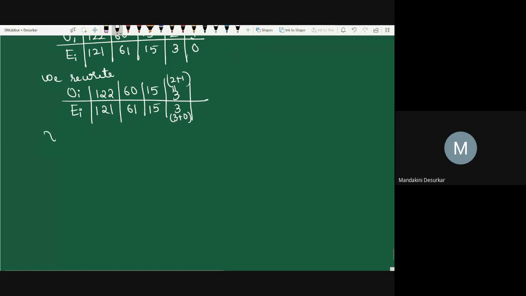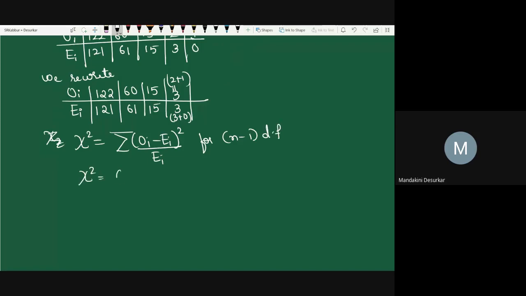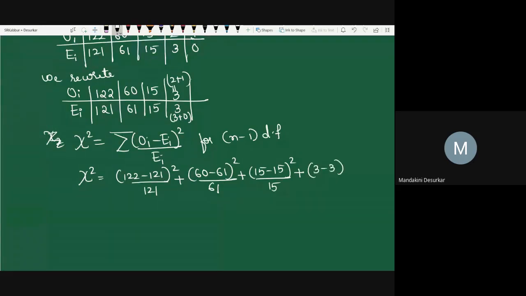Now the test statistic is chi-square. Chi-square is equal to summation of O i minus E i whole square divided by E i, for n minus 1 degrees of freedom. Now chi-square is equal to 122 minus 121 whole square divided by 121, plus 60 minus 61 whole square divided by 61, plus 15 minus 15 whole square divided by 15, plus 3 minus 3 whole square divided by 3.